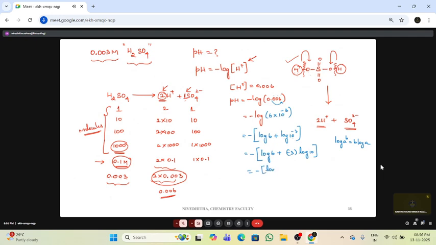So log 6 minus 3, since plus into minus is minus, and log 10 is 1. I'm going to multiply this negative sign, so it is minus log 6 plus 3. So what is pH? 3 minus log 6. Right, Mushkan?